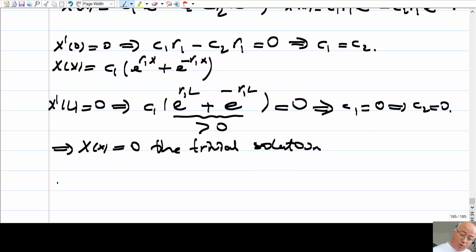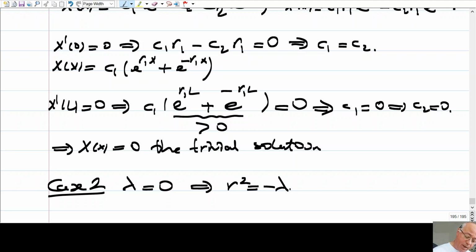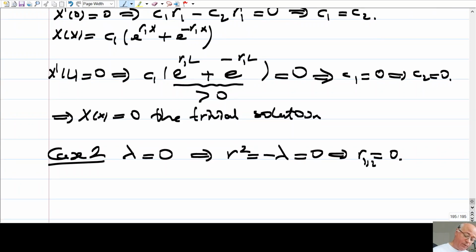Okay. What about the other case? Case 2, lambda equals 0. Well, from the equation then, r squared is minus lambda, so r1 and r2 are both 0. We have a double root. R1 equals 0 gives us the solution 1.